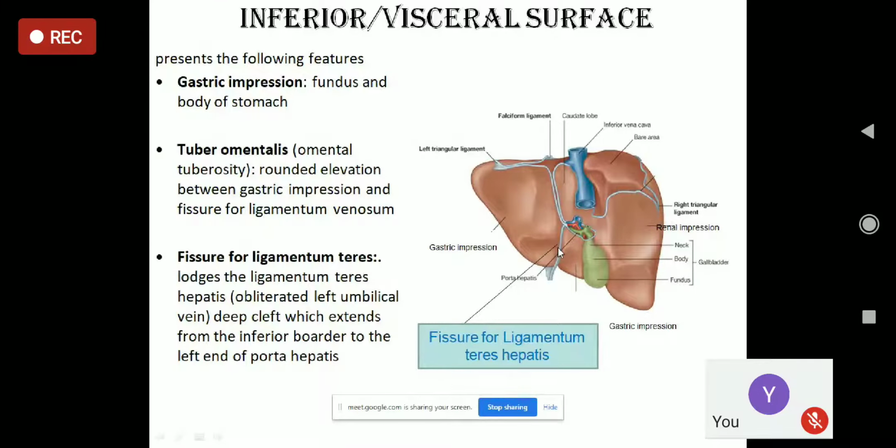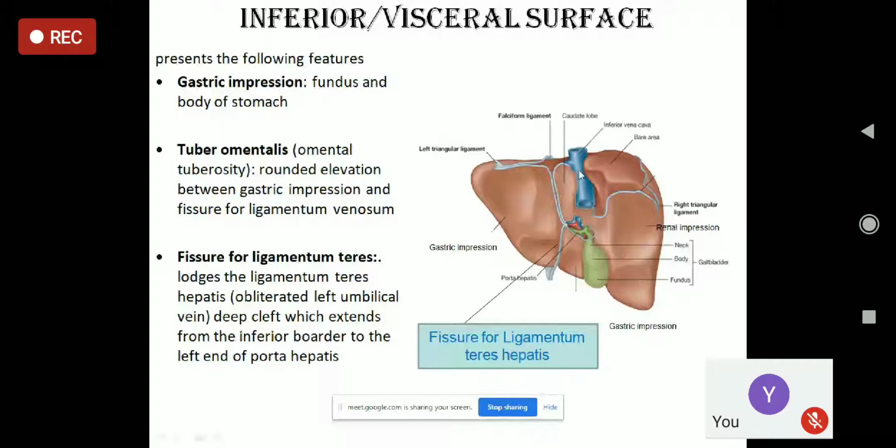Fissure for the ligamentum teres hepatis is along the inferior border. How to remember the inferior border? It is very sharp. You can easily identify it, and the fundus of the gallbladder will be there. If there is a fissure at the inferior border, then you have to say that is the fissure for ligamentum teres, and it is the remnant of the obliterated left umbilical vein.